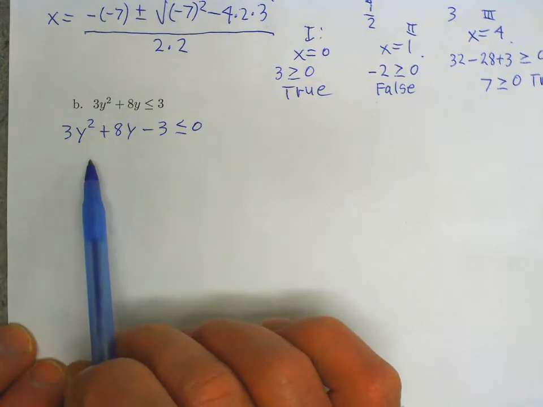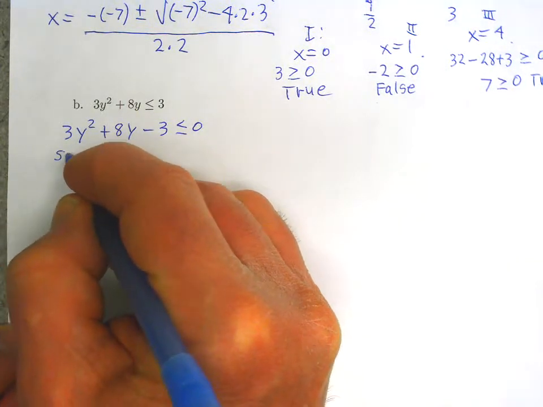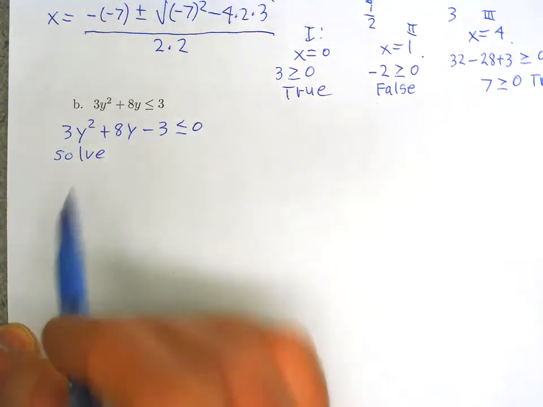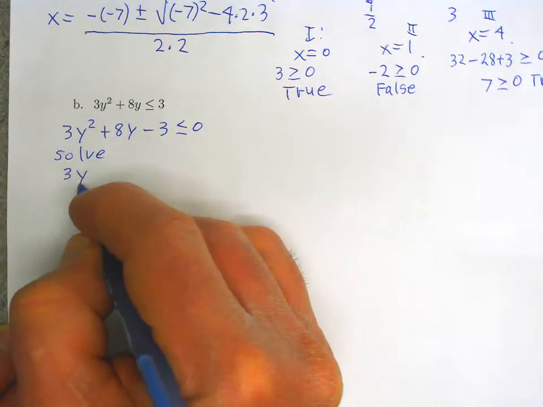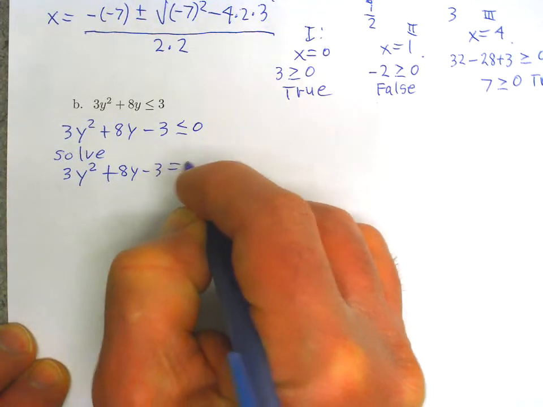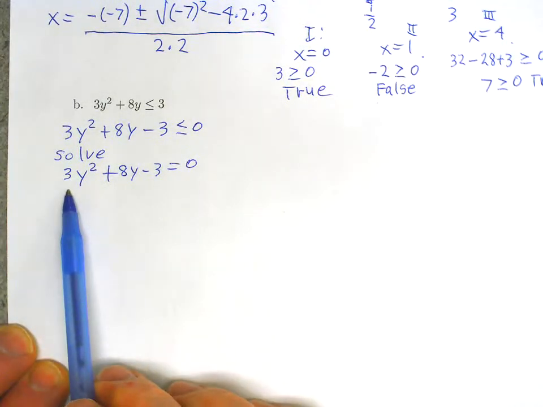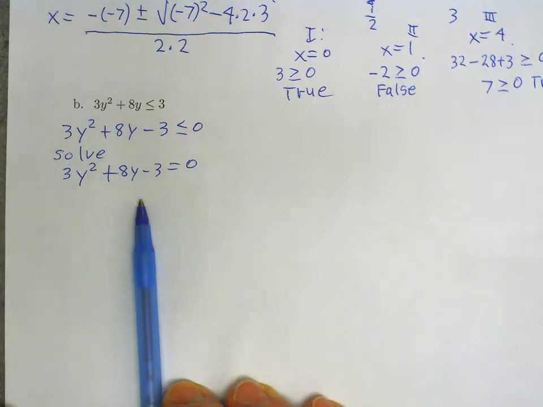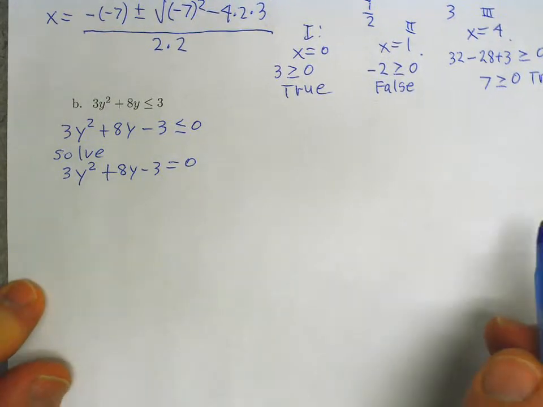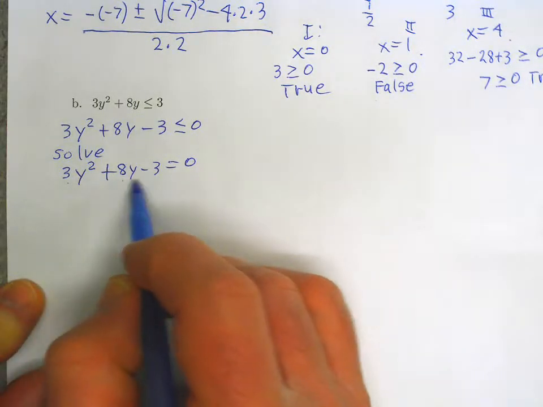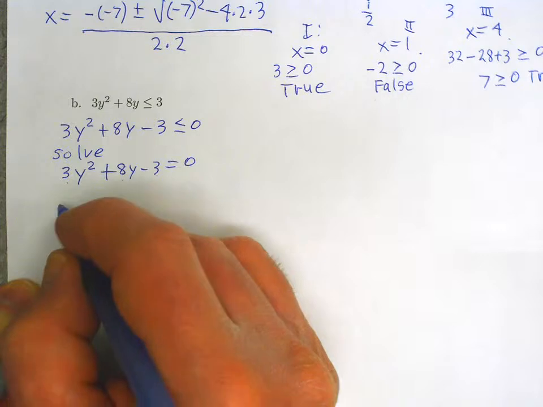Okay, to find the endpoints, I won't use all the words I did last time, but solve the equation 3y squared plus 8y minus 3 equals 0. The solutions to this equation are the endpoints of the intervals. Okay, so A is 3, B is 8, and C is -3.